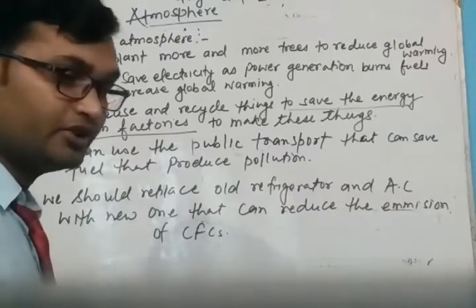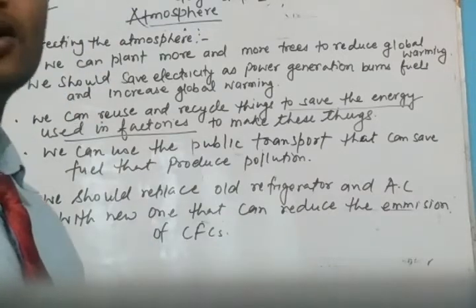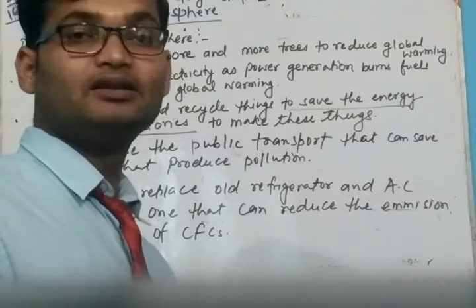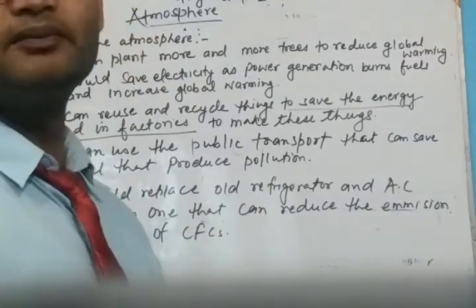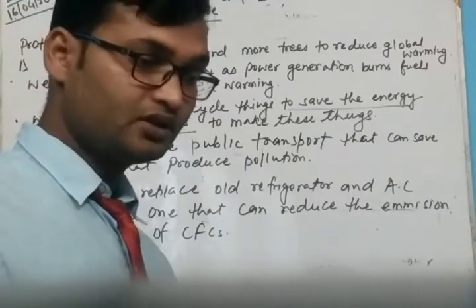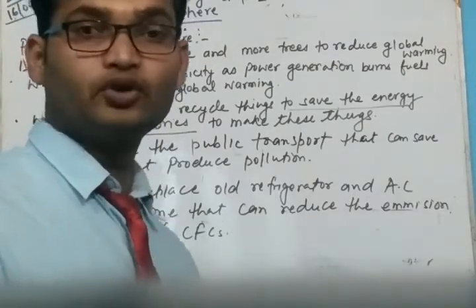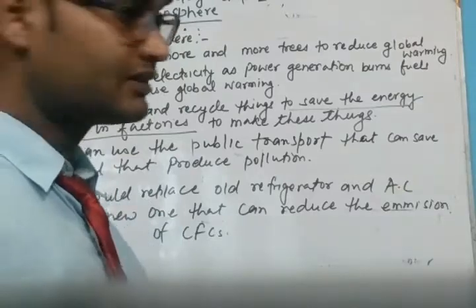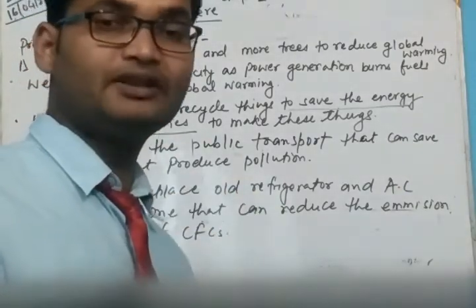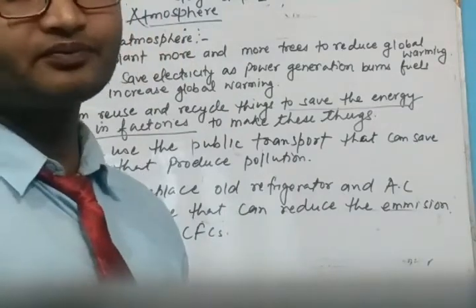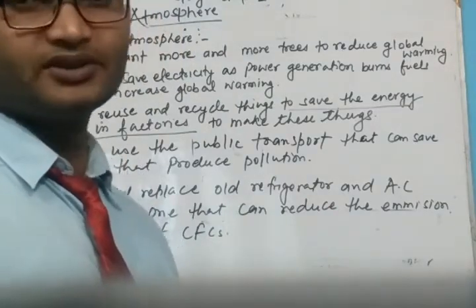Next, we should replace the old refrigerator with a new one, because the old refrigerator produces a large amount of CFCs and the new air conditioner or refrigerator can reduce the emission of CFCs.